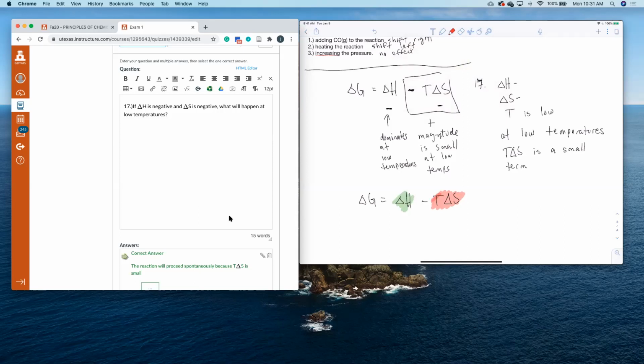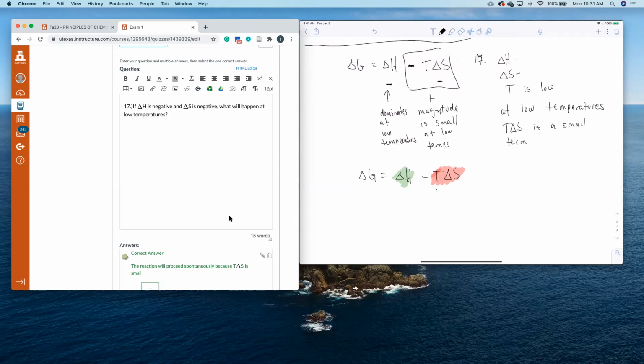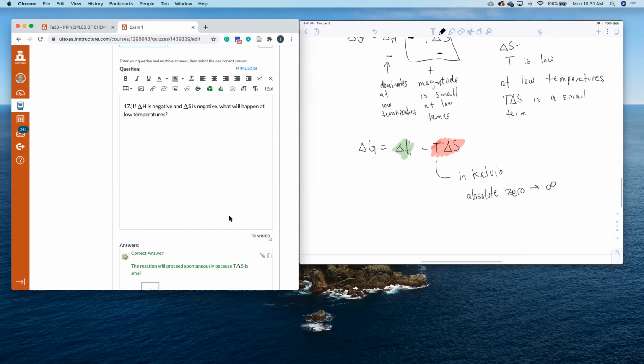Yeah, okay, I see where the confusion is. This temperature is in Kelvin, which runs from absolute zero to infinity. So it doesn't have negative numbers.